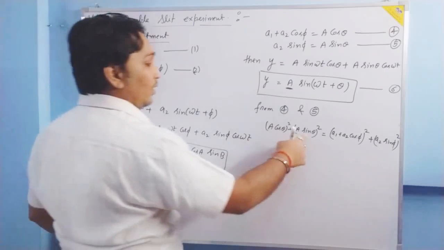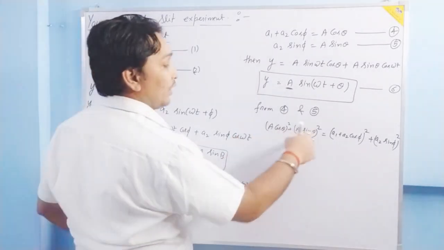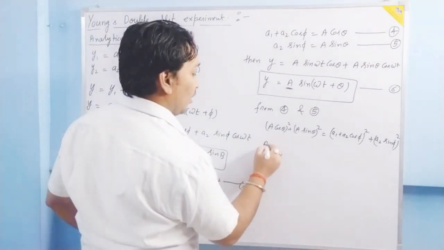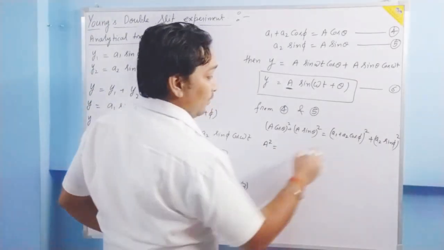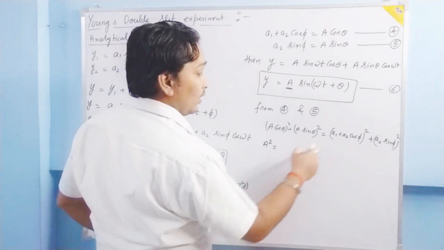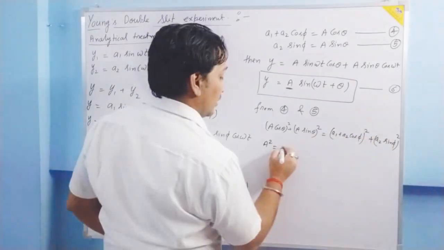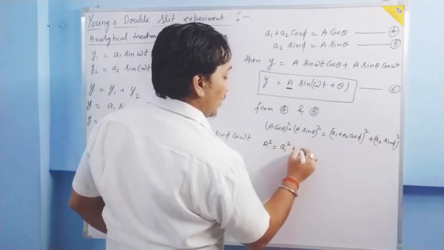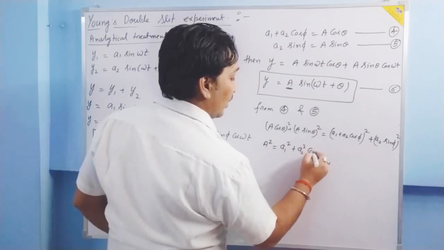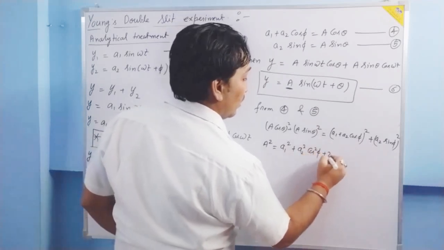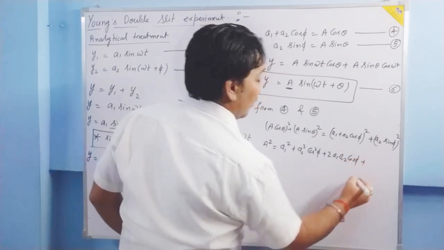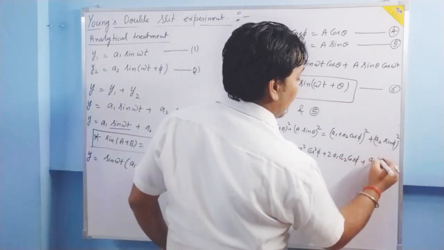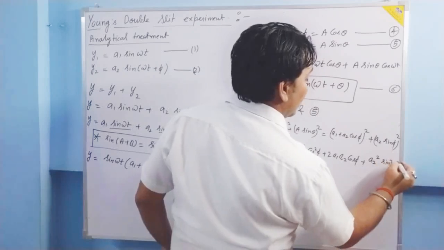In this A square, if we take common cos square theta plus sin square theta, which will become 1. So we are going to have A square is equal to, we'll expand it with the formula of whole square, a square plus b square plus 2ab. So we are going to have A1 square plus A2 square cos square phi plus 2 A1 A2 cos phi plus, if we square this one, A2 square sin square phi.